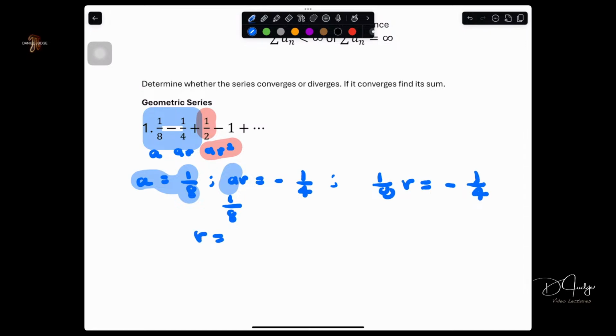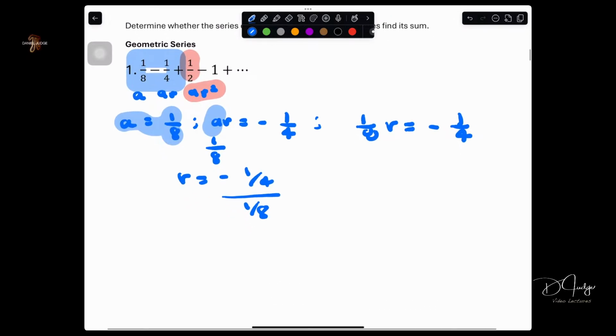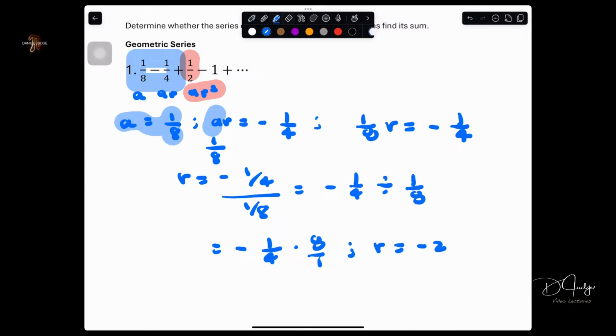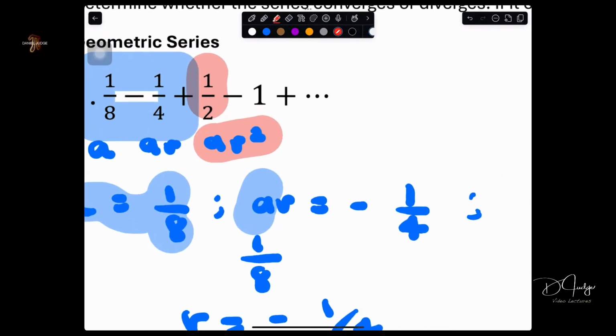Now, divide both sides by 1/8, you get negative 1/4 divided by 1/8, which is really negative 1/4, times 8 over 1. What we're saying now is that R is going to be negative 2.